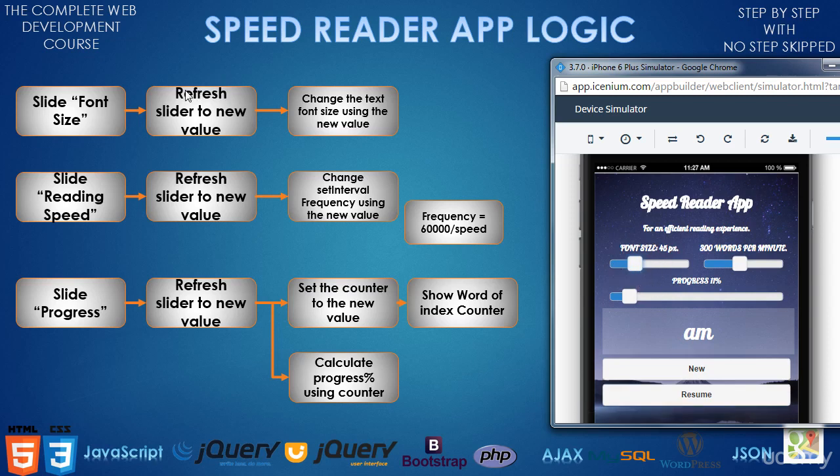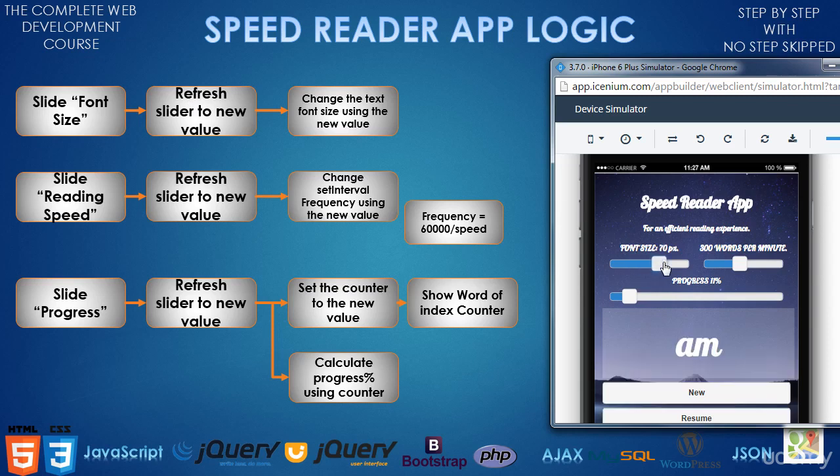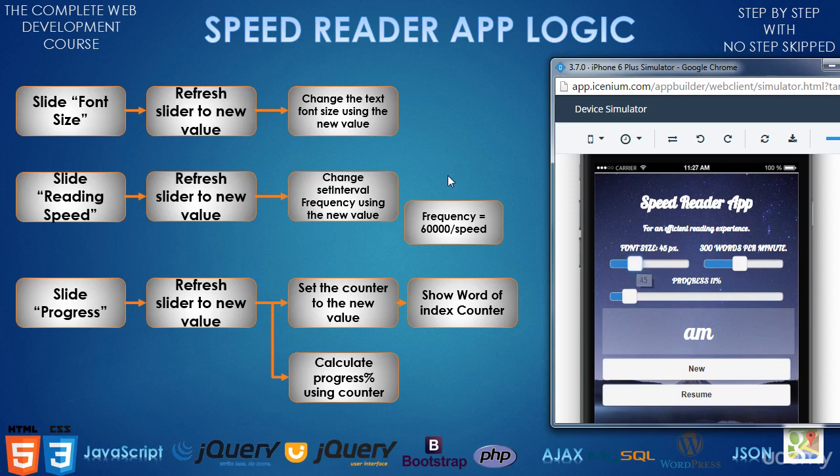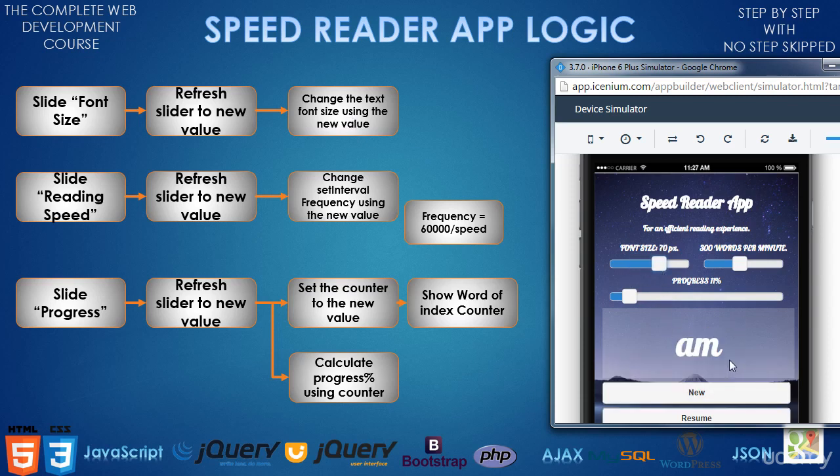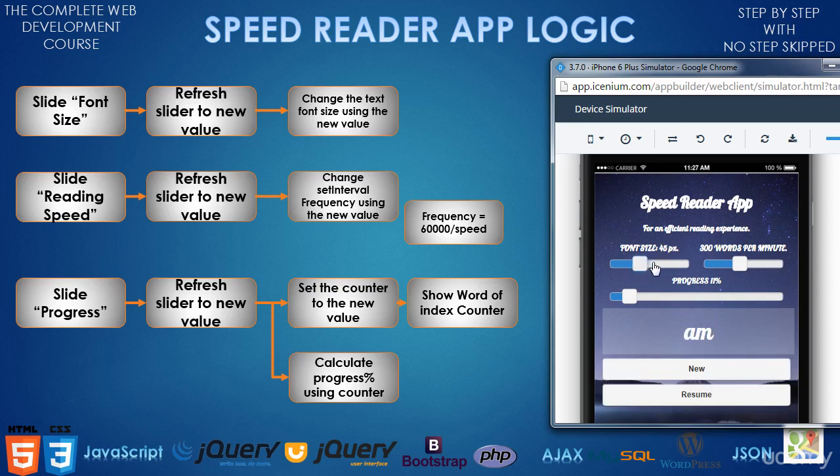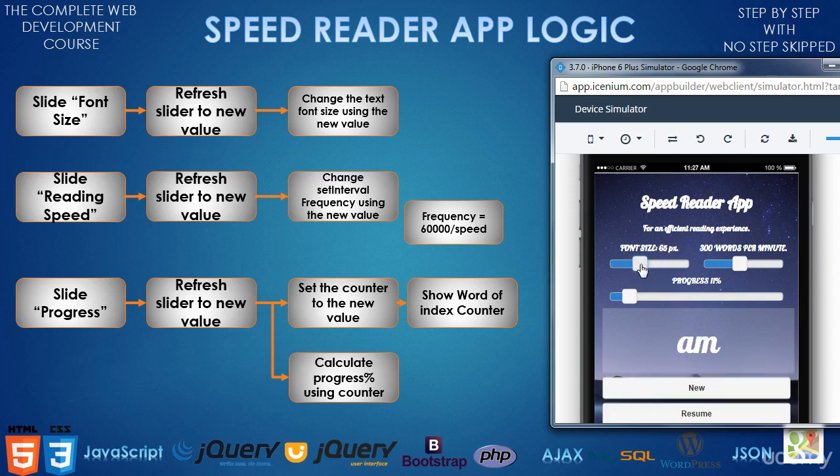Okay, and we're going to see how to do that in the code. So once we refresh the slider, then the slider is going to have the new value. Then we are going to change the text font size using this new value. So that's the text font size is going to change. And also we're going to change that number, which is inside a span element, using the new value of our slider.